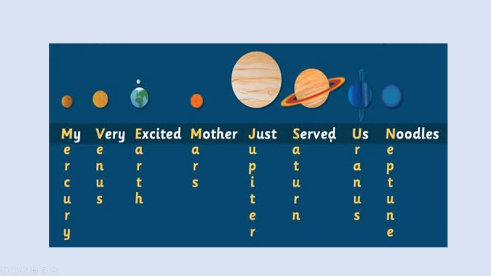I hope this was very amazing and it will help you all to remember all the planets in sequence from the sun. So students, I hope you all are clear on whatever I have taught you till now.